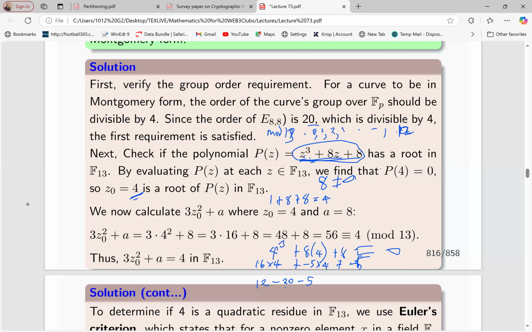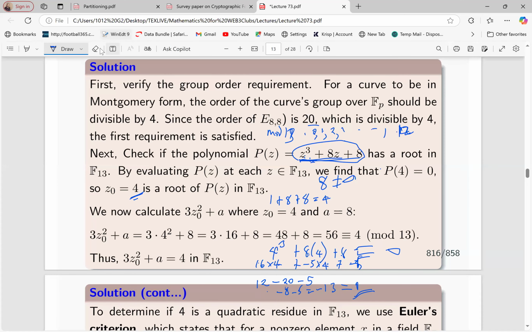So what do we have here? This is negative 8, negative 5, which is negative 13, which is 0, because we are doing it mod 13. So 13 goes into negative 13, and the remainder is 0.